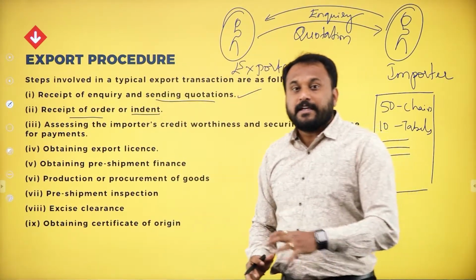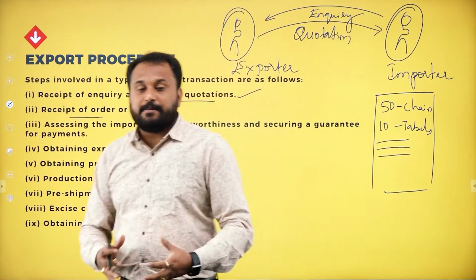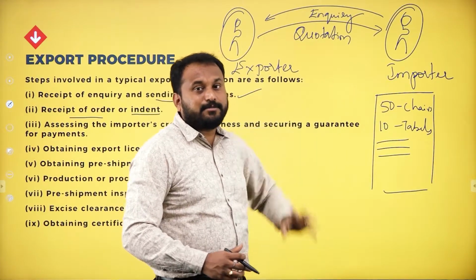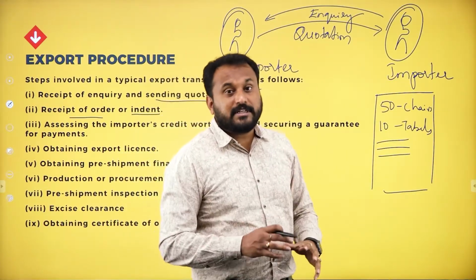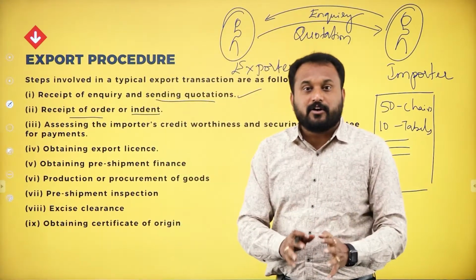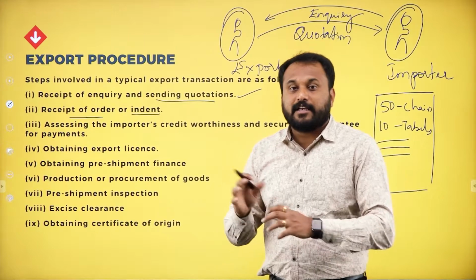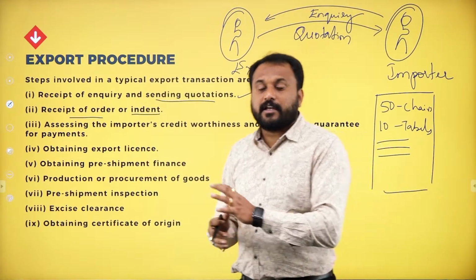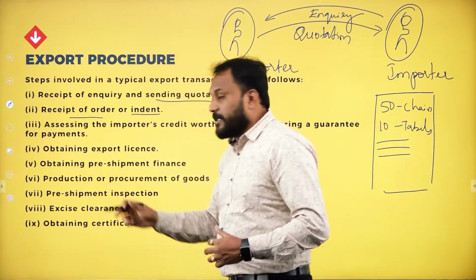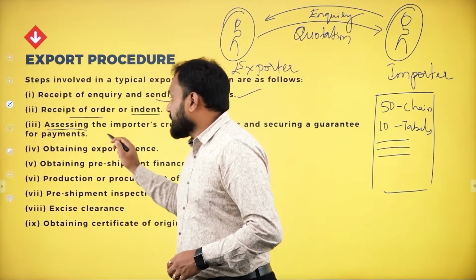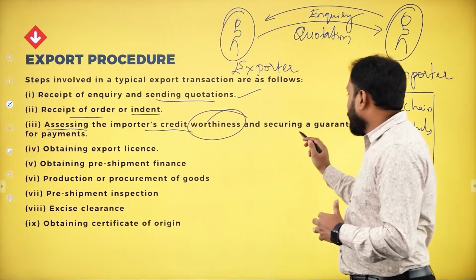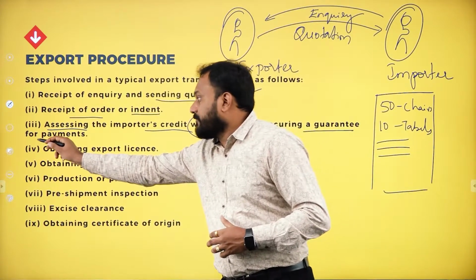Everything is done. Next, here the real business happens. Whatever the importer is asking, before that the exporter should know whether the importer is genuine or not, or whether somebody is misconducting or doing any fraudulent act. So the exporter should assess the importer's credit worthiness and secure a guarantee of payment.